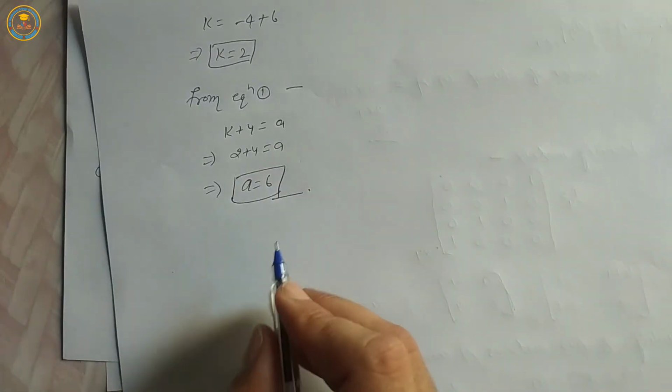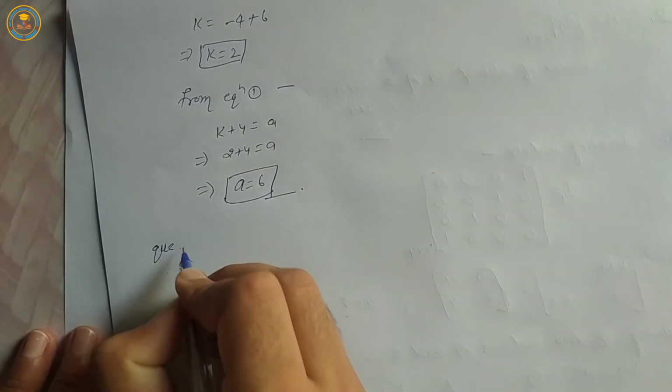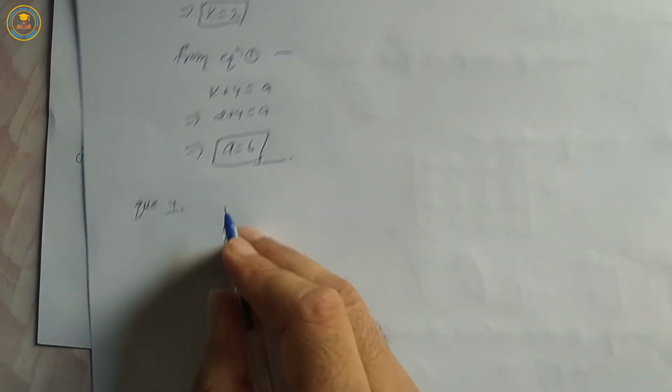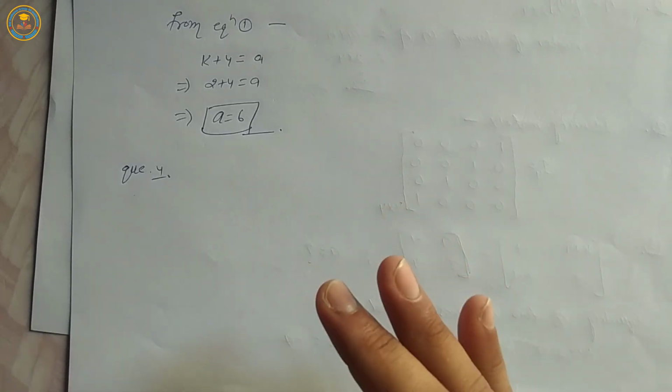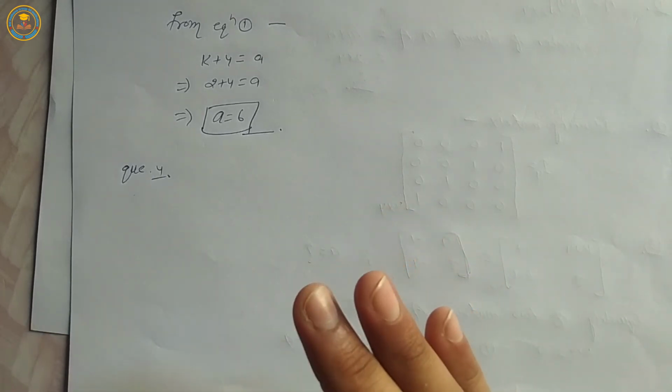Next, question number 4. What are the possible orders of a matrix having 6 elements?